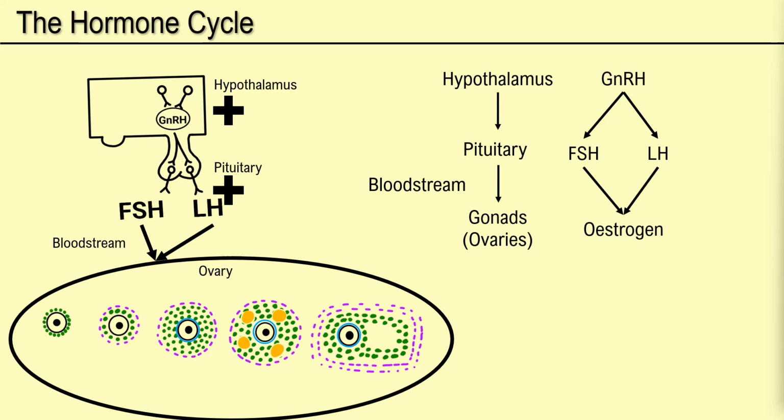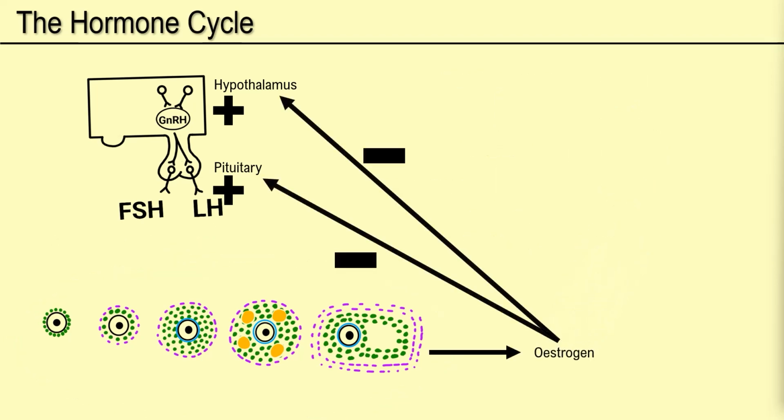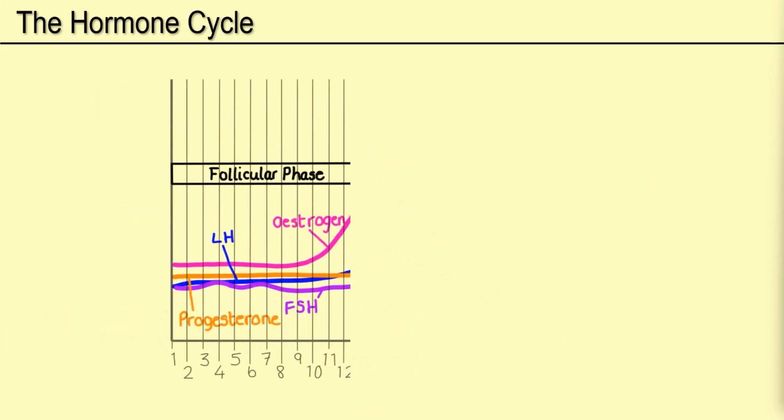So this negative feedback loop from the estrogen causes less secretion of the gonadotropins. And this is how it looks graphically. If you look between days 6 and 9, we get a slight drop in FSH, LH and estrogen. But what about this? A sudden rise in estrogen.